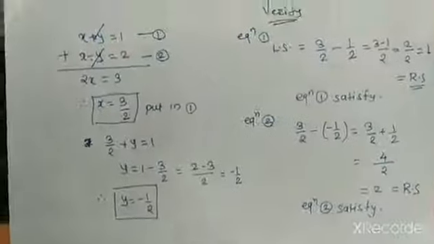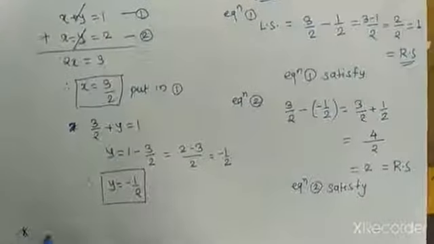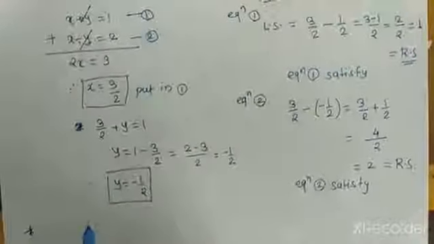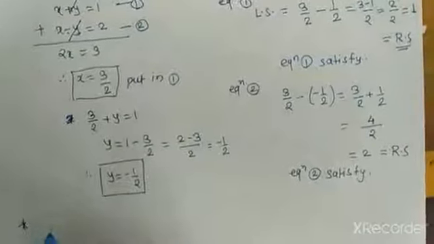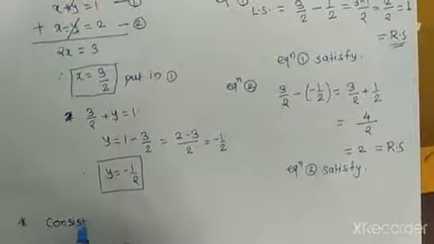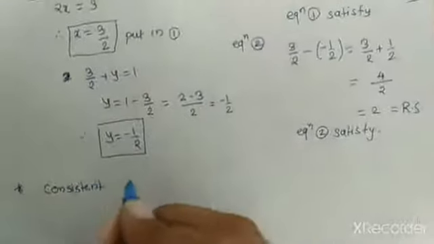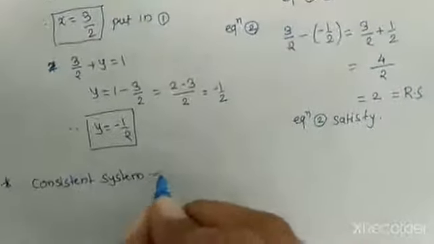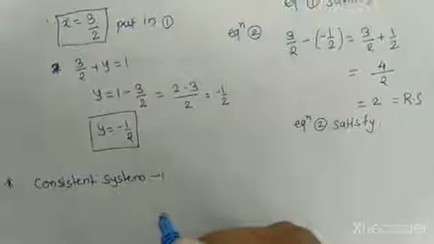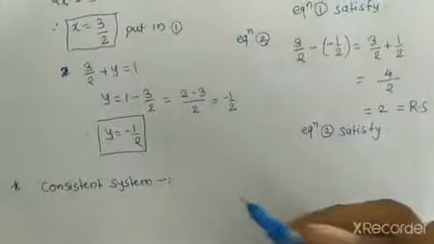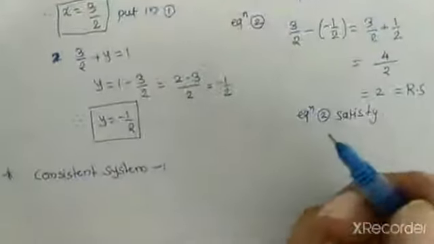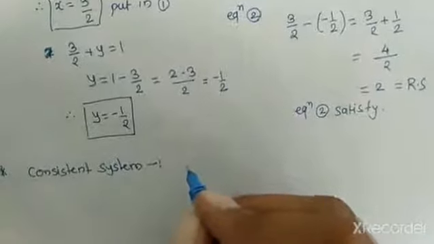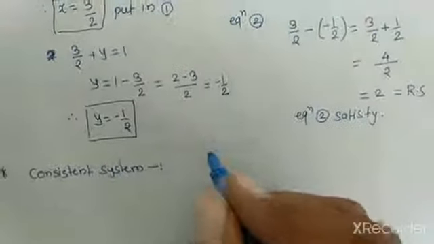Now next we define two definitions. In that, first, consistent system. A system of linear equations is consistent or not, we see by the solution.